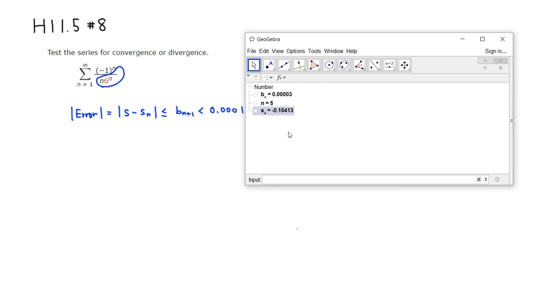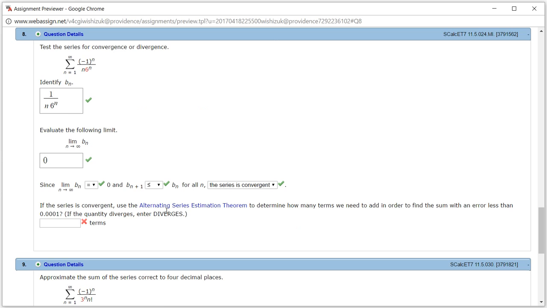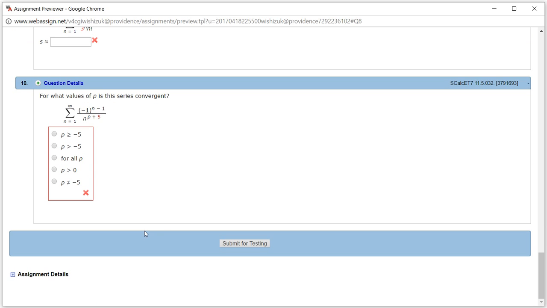You can see that S4 is negative 0.15413. We actually didn't have to do this, since we only needed to determine how many terms to add. So the answer is 4.